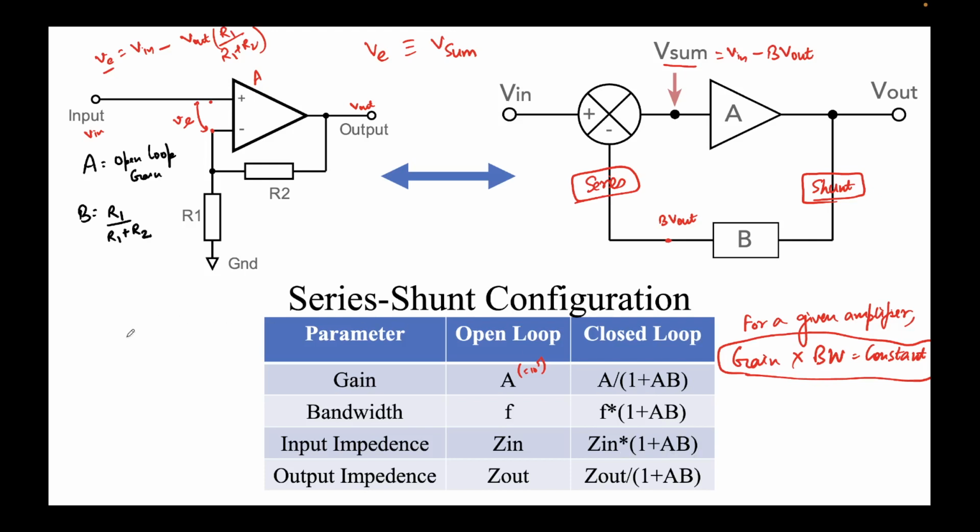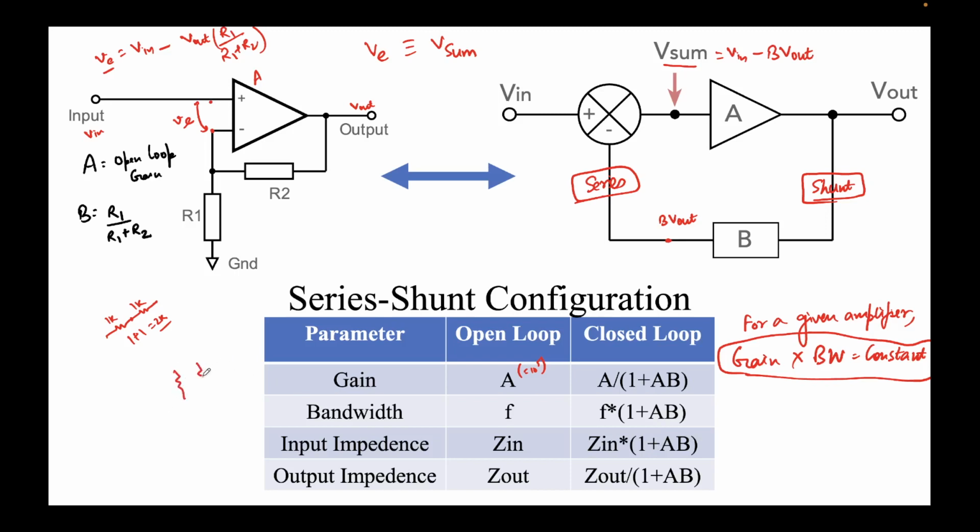This is very similar to having a resistance of 1K and adding another 1K in series, so the total resistance would be 2K. Similar thing is happening here. The original open loop input impedance was Zin, however, due to closed loop, another factor of Zin times AB got added, and hence the input impedance increases since they are in series.